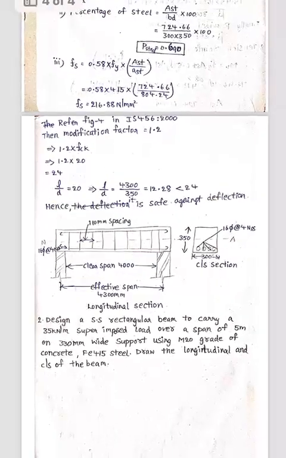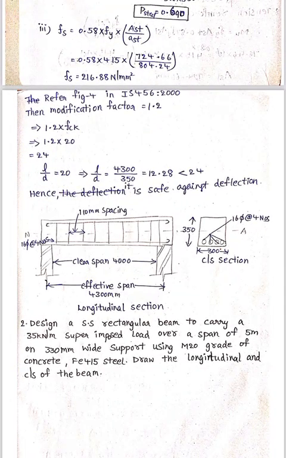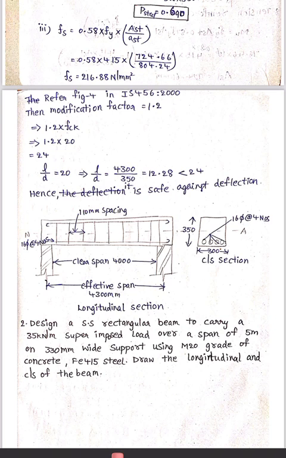Here we observe the overall cross section of the beam. The span will be 4000 mm, the effective span is 4300, the depth is 350 and the width is 300.